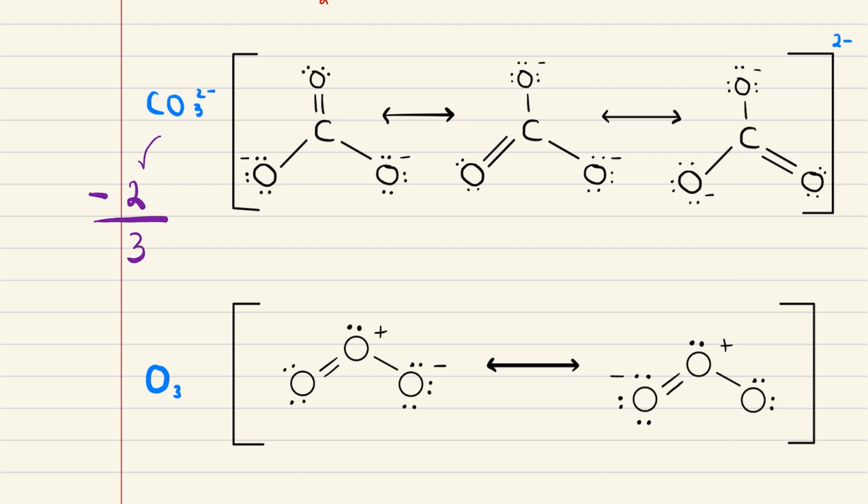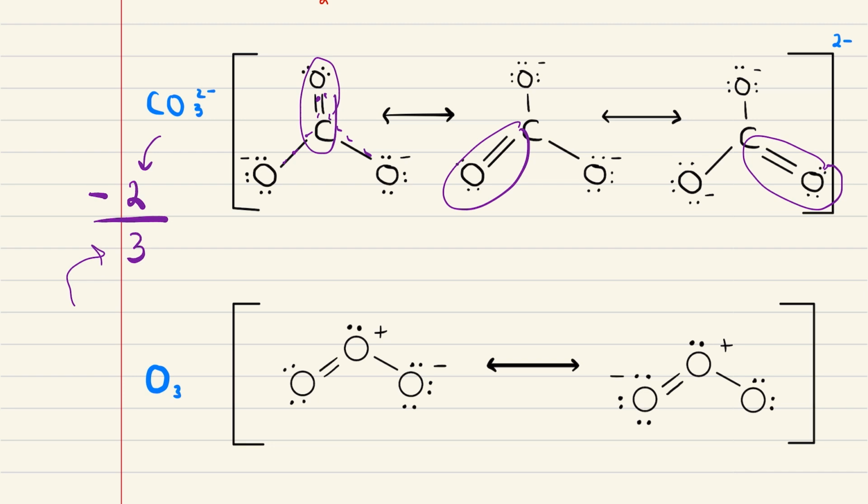This is the -2 charge that's associated with the molecule, and the denominator is going to be 3 because it's delocalized over all 3 oxygen atoms, because when we draw the resonance structure, it demonstrates that we can have a double bond here or here, or here. And so the real carbonate ion looks like a blend of all of these. And so those electrons are really just delocalized over this region.